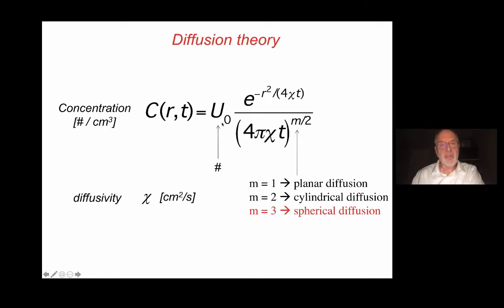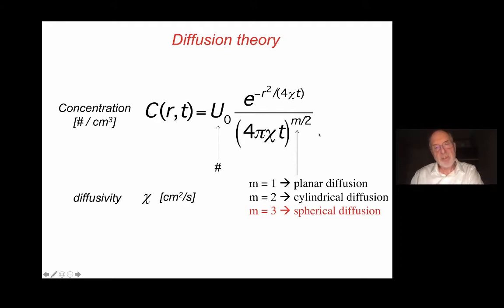So classic diffusion theory, for the diffusion of any material or unit of energy, such as heat or sugar molecules, U0, is a concentration as a function of time at some position, a distance r from the source.